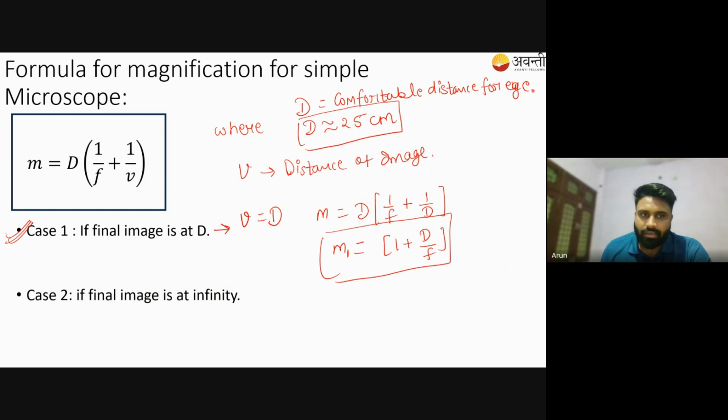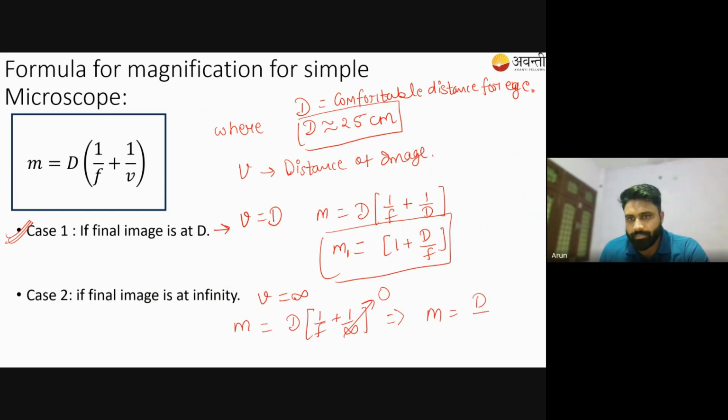Now case 2. If the final image is at infinity, V equals infinity. So what do you have? M equals D times 1 upon F plus 1 upon infinity. 1 upon infinity becomes 0, so you will write M equals capital D by F. This is M2 for case number 2.